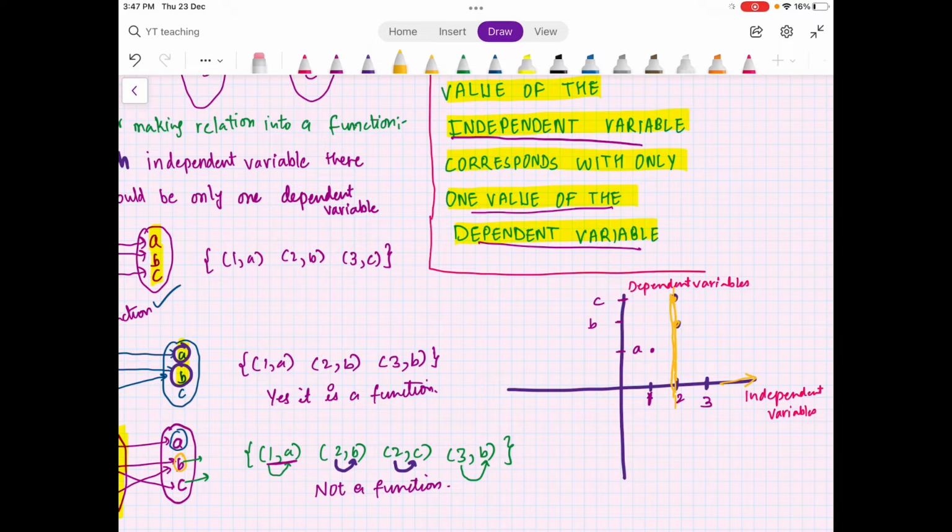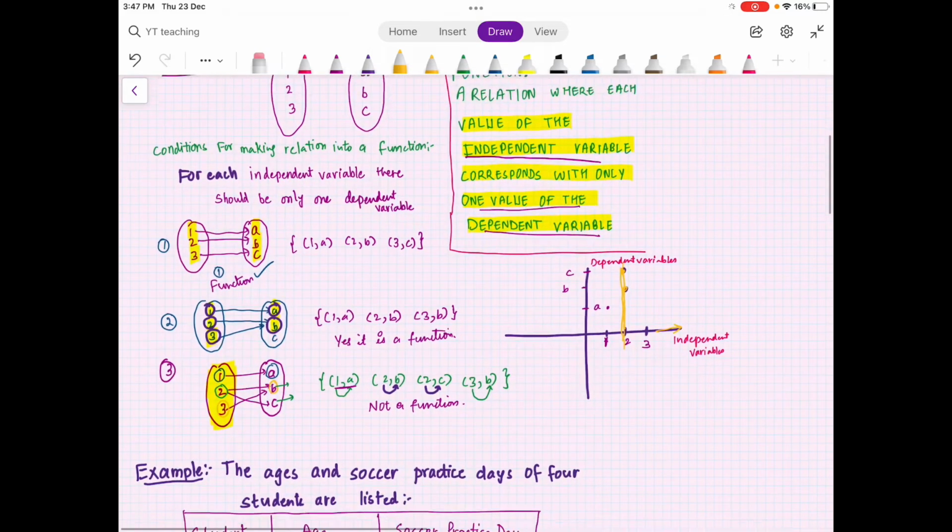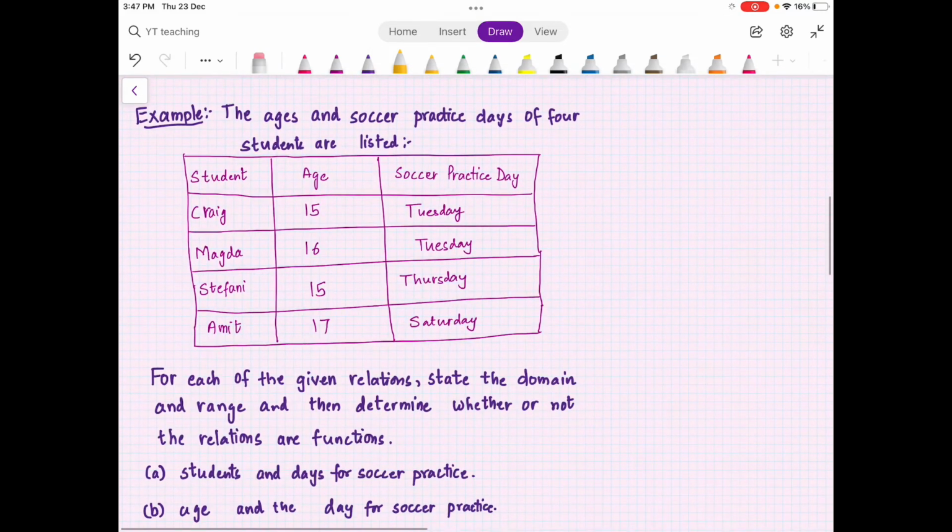Okay, so let us look at one example here. You can see the ages and the soccer practice days of 4 students. So you have 4 students, and their age and their soccer practice days are listed. For example, Craig is 15 years old, and he has soccer practice on Tuesdays.